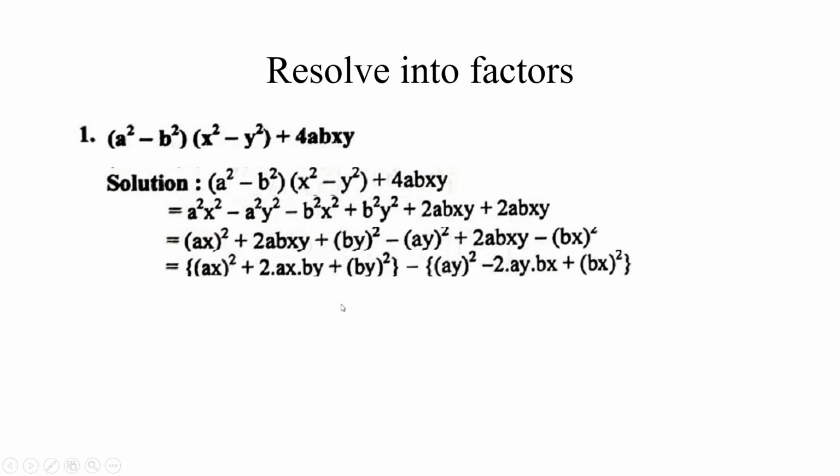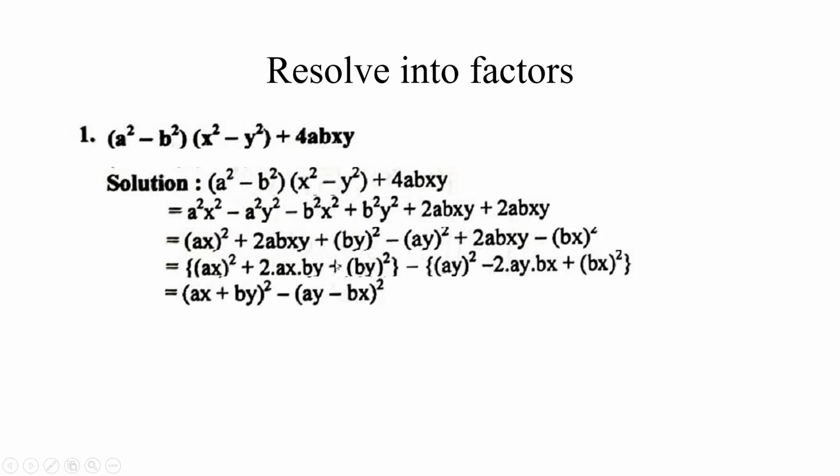So in the form of the formula (a + b)² = a² + 2ab + b², and take a minus from this three part, you will get (ay)² minus 2 into ay into bx plus (bx)².